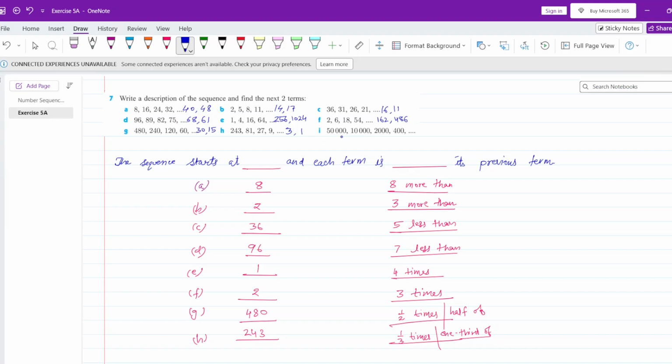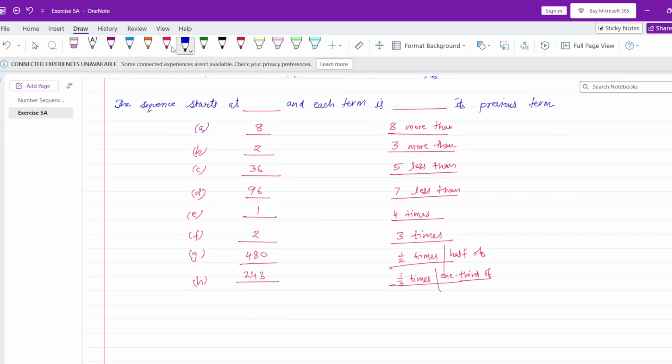I. 50,000 divided by 5 is 10,000, divided by 5 is 2,000, divided by 5 is 400, divided by 5 is 80, divided by 5 is 16.